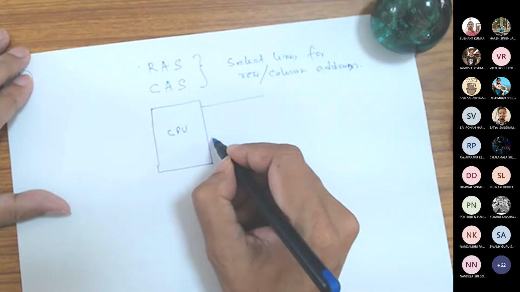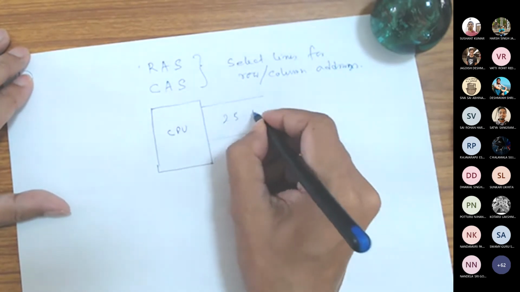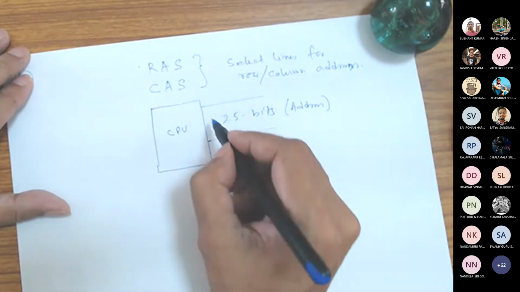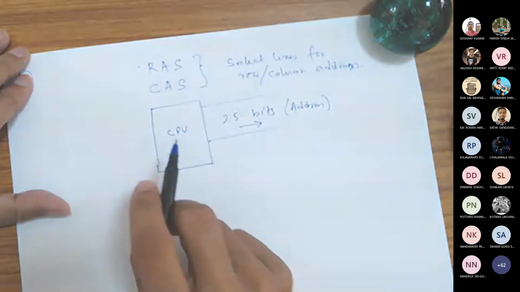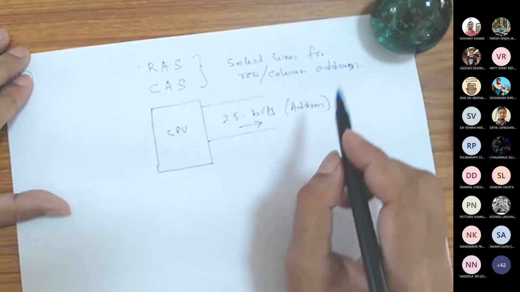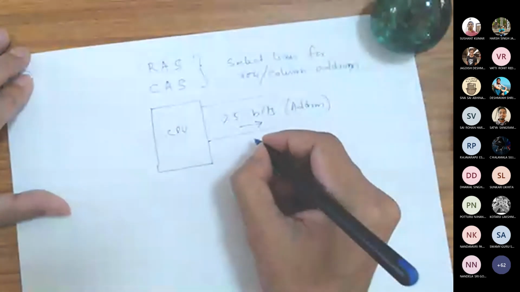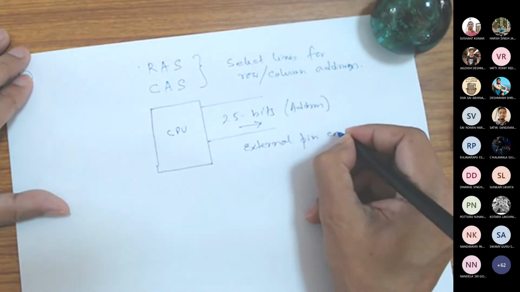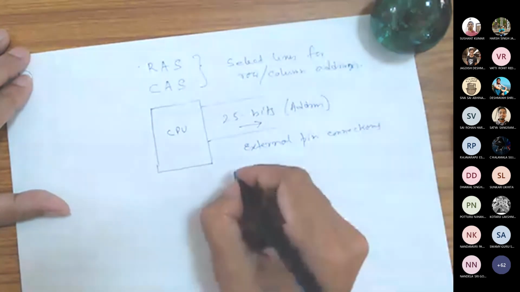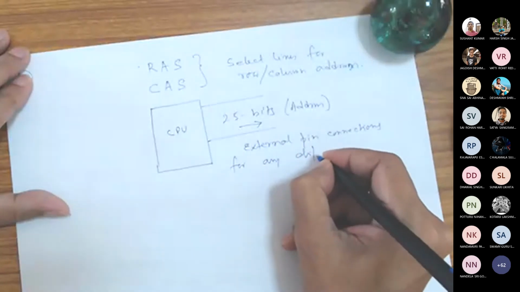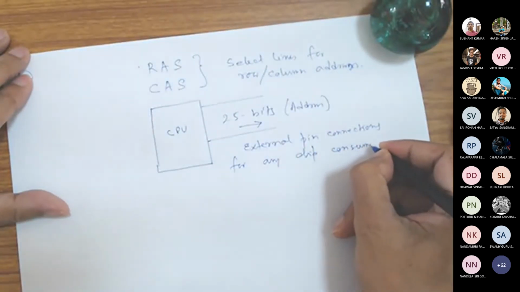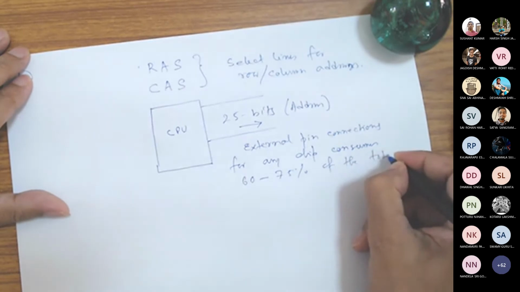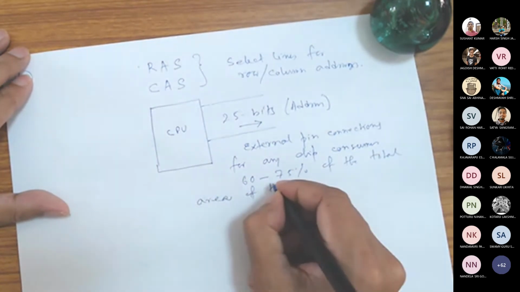If you want all the 25-bit address to come out, making these many lines coming out of the processor is difficult in design, because external pin connection for any chip consumes 60 to 75% of the total area of the chip.